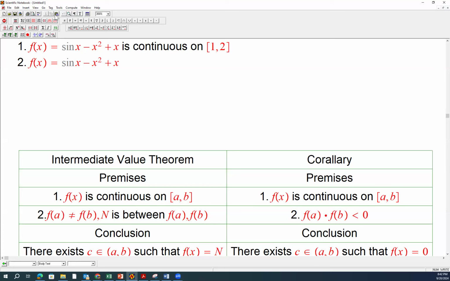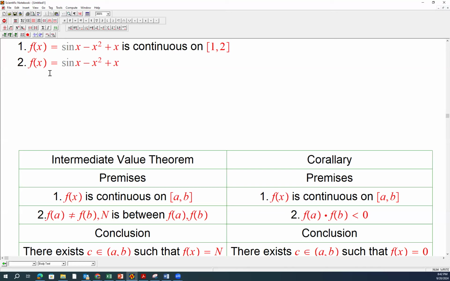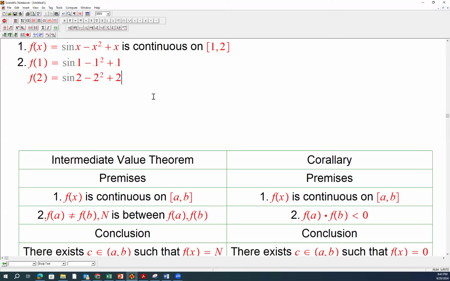So the function will be evaluated at 1 and 2.